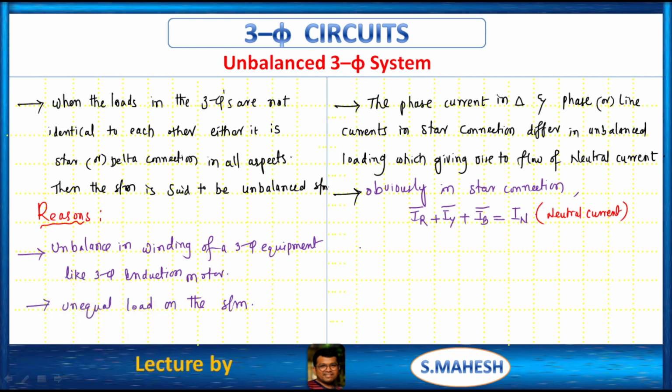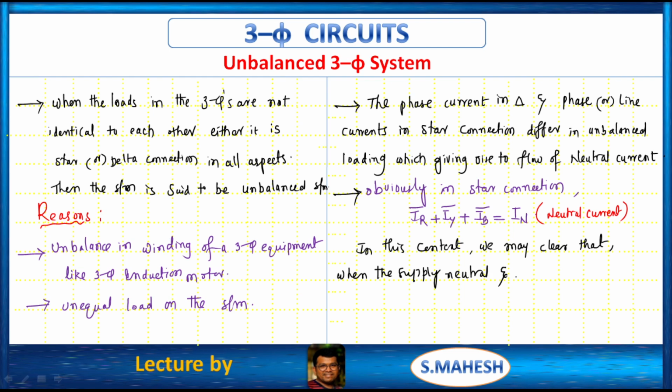So in this context, we may clear that when the supply neutral and the star point in load are interconnected, so this is the supply system, this is the load system.